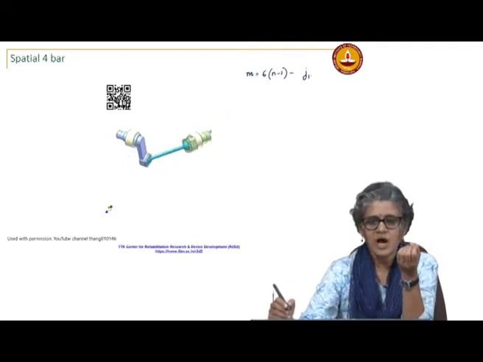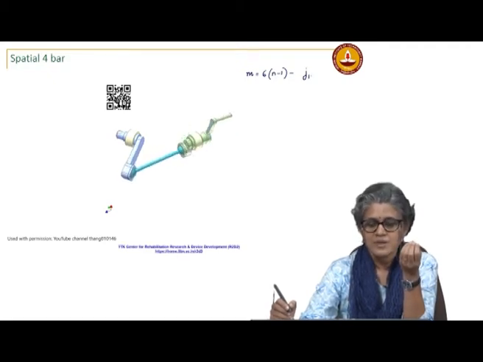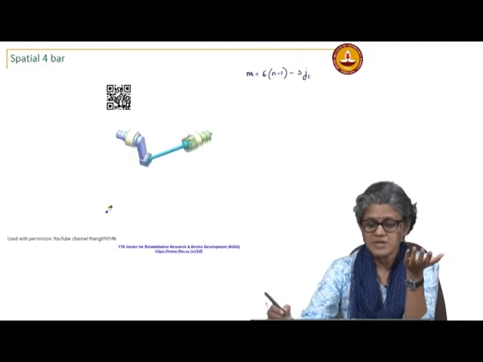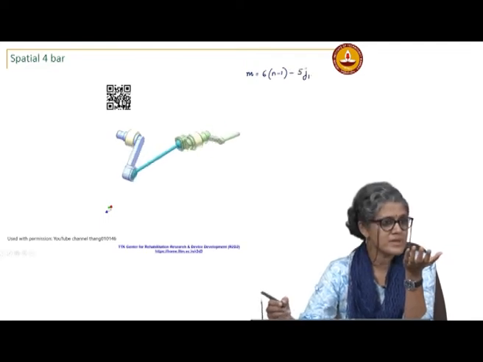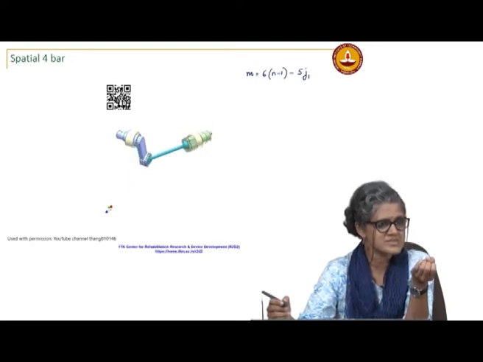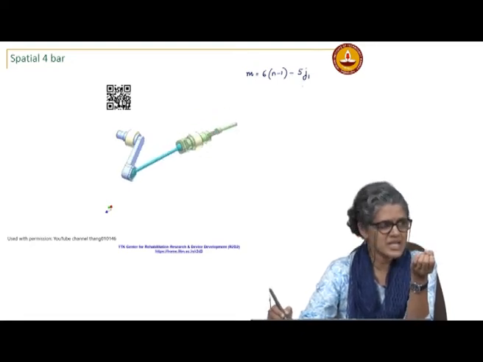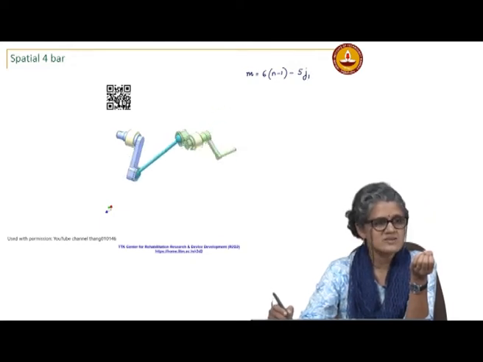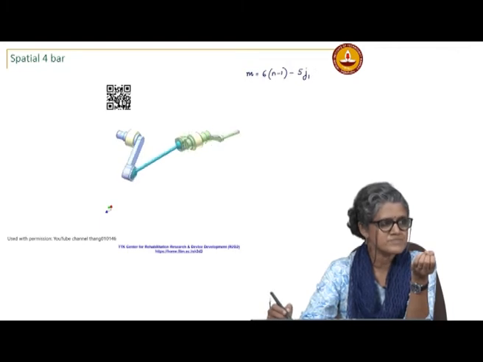What is it doing? How many constraints is it imposing? It is removing 5 degrees of freedom, right? It is allowing only one, that means it is imposing 5 constraints. So, for every J1 in the mechanism, I am losing 5 degrees of freedom. So, that is what this means.